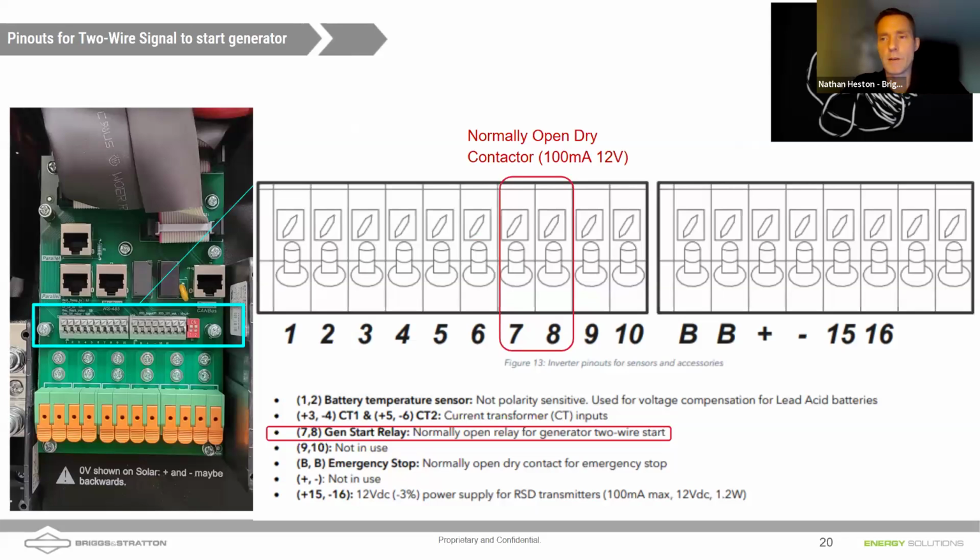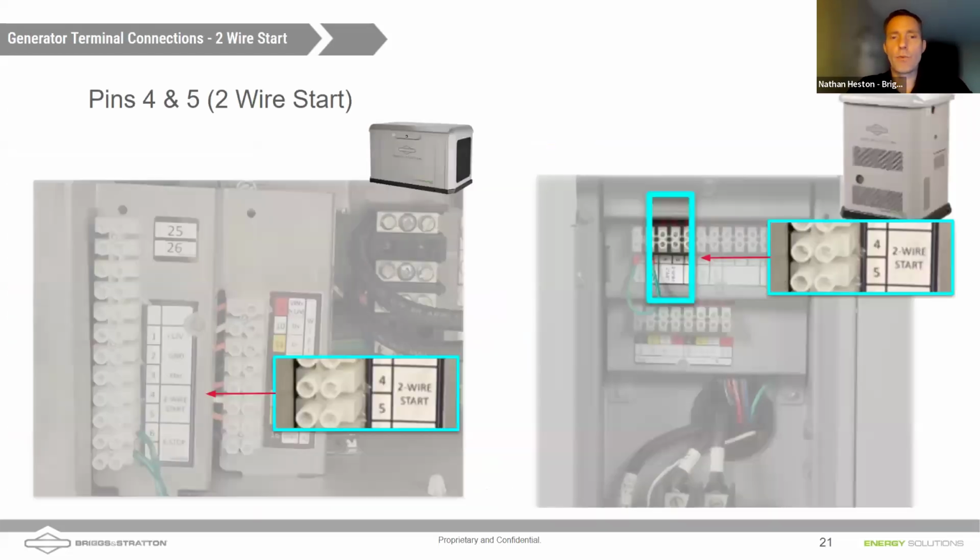Well, when the batteries get down to 30%, it'll automatically start up that generator using the two-wire start functionality. So in the Solarc, it's a normally open dry contact, meaning it's not supplying any current. It's just connecting pins 7 and 8 when it wants the generator to start up. So on a Briggs and Stratton generator, we would utilize pins 4 and 5.